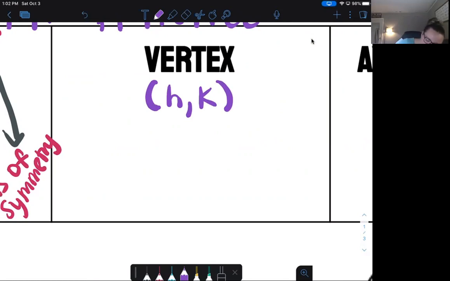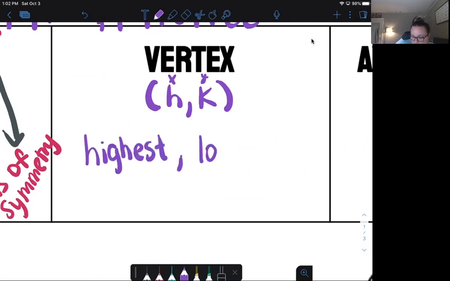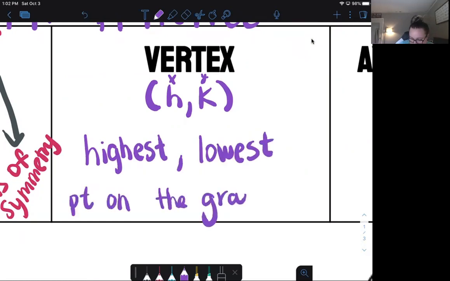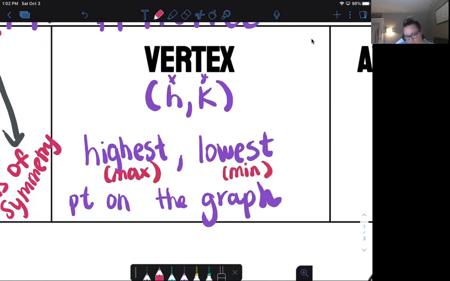Remember, h is the x value of the point, k is the y value of the point, just like with point slope form. So the vertex is either the highest or the lowest point on the graph. We also call that highest point the maximum, and then we call the lowest point the minimum. And we'll talk more about that later as well.